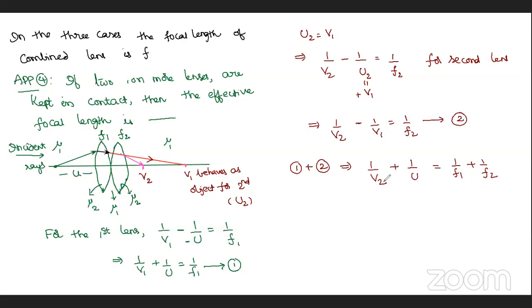It appeared like 1 by v plus 1 by u equals 1 by f net. This is 1 by f net, which is equal to 1 by f1 plus 1 by f2. So can I say 1 by f net is equal to sigma 1 by f? Yes, sir. This is the formula. Now you can check that case.